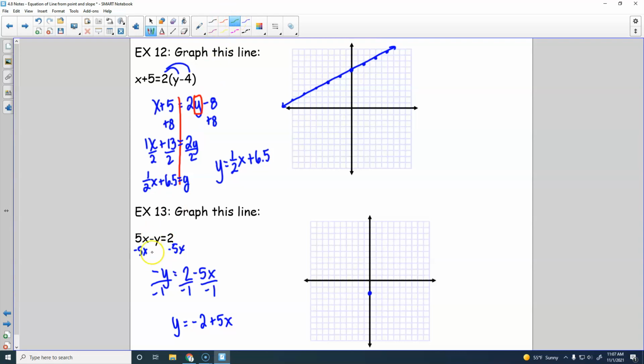There is an understood 1 right here in front of that y. Okay, questions?